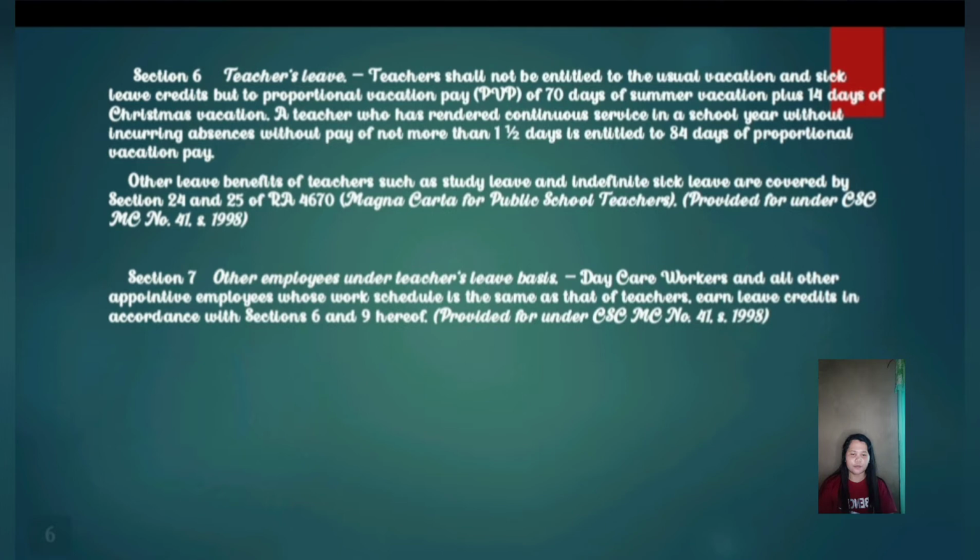Other leave benefits of teachers, such as study leave and indefinite sick leave, are covered by Sections 24 and 25 of RA 4617, the Magna Carta for Public School Teachers, provided for under CSCMC number 41, Section 1998.